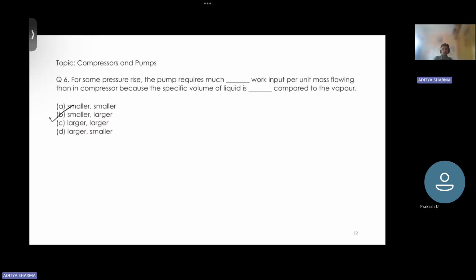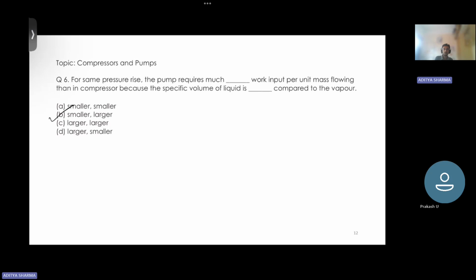If you see your lecture 7, the discussion on compressors and pumps, you will find that the work requirement for a pump is smaller than in the case of a compressor.